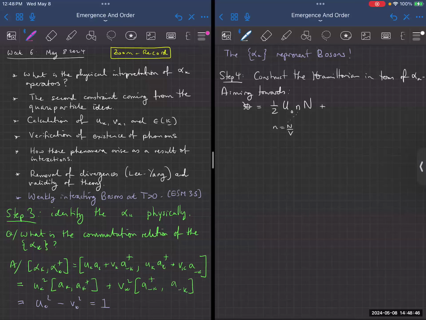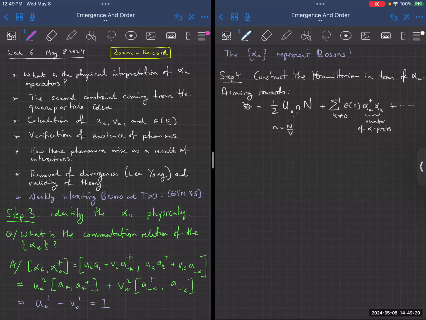Then what we would like to have is something of the form sum over k not equal to 0 of some energy spectrum, which we don't know yet, times alpha_k dagger alpha_k, so that this would be the number operator of these alpha particles, these quasi-particles, and then there'd be something else.